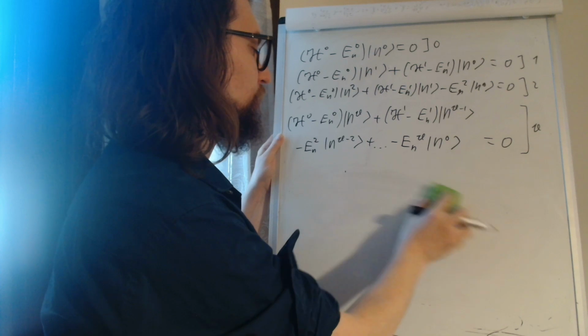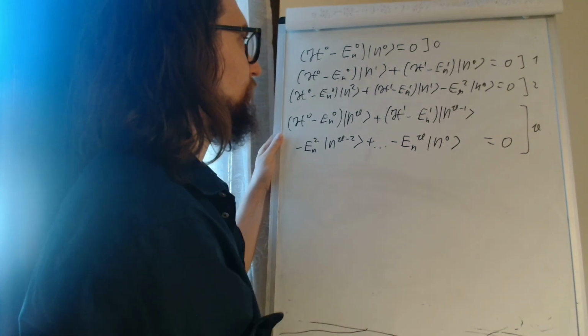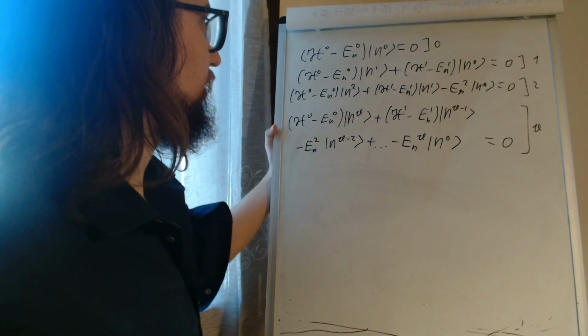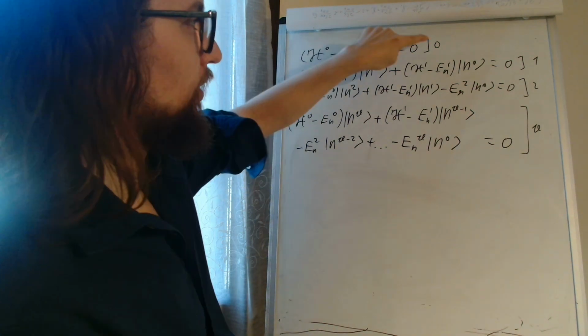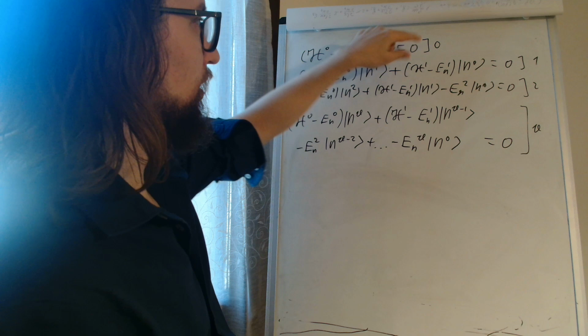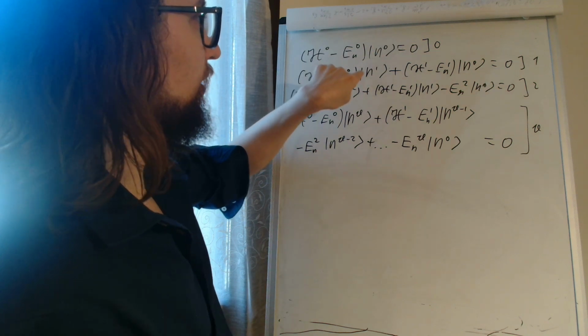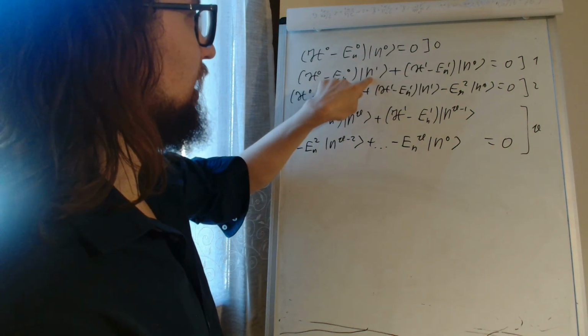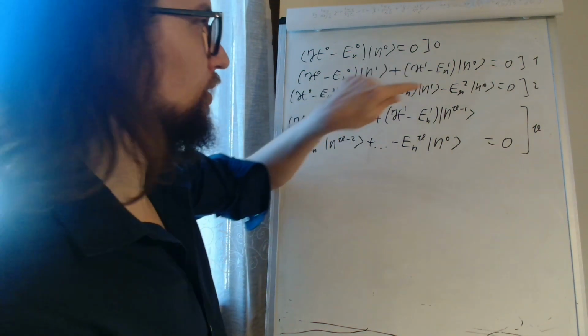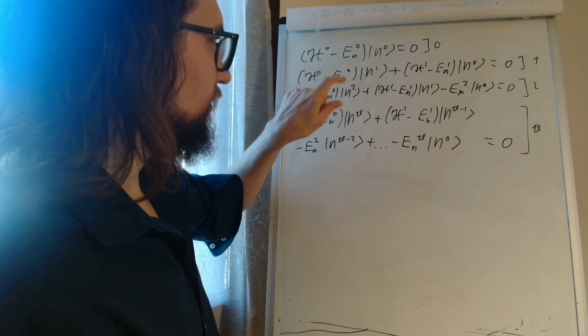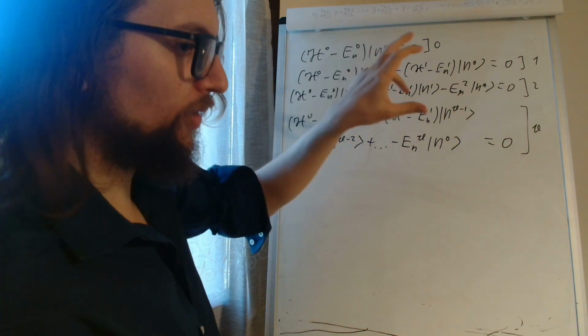There is a very simple orthonormalization algorithm which goes like this. Let's suppose n0 solves this equation. Let's suppose n1 solves this equation, but n1 is not orthogonal to n0. So n1 has a component along n0.